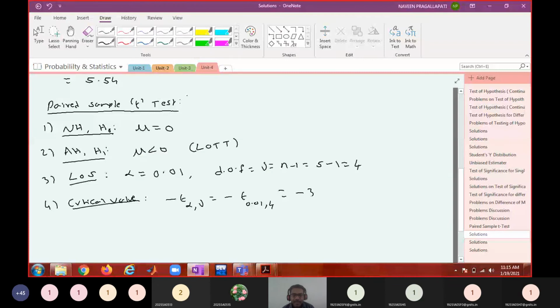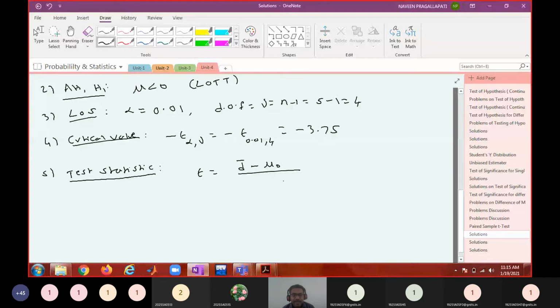So minus 3.75. Next, test statistic. Test statistic is going to be t equal to d bar minus mu naught by s cap by root n.